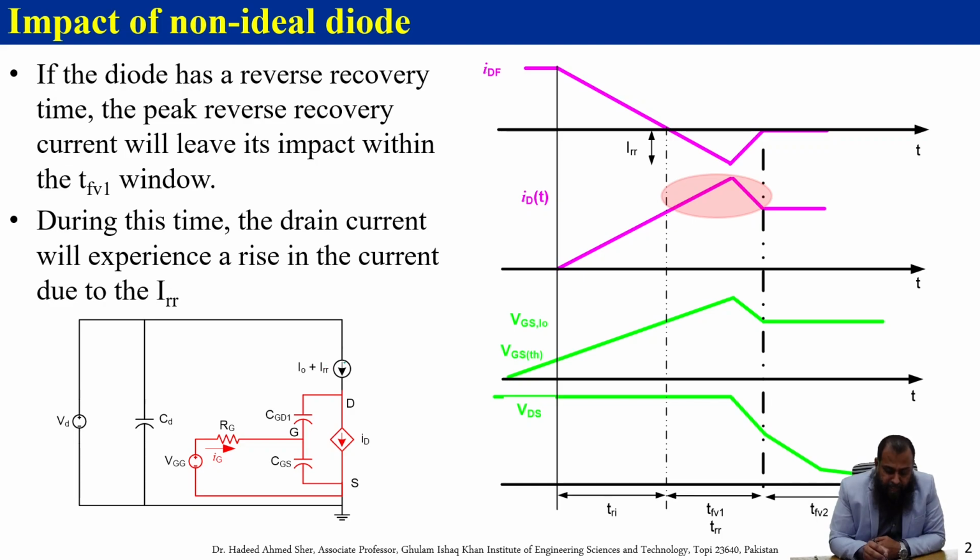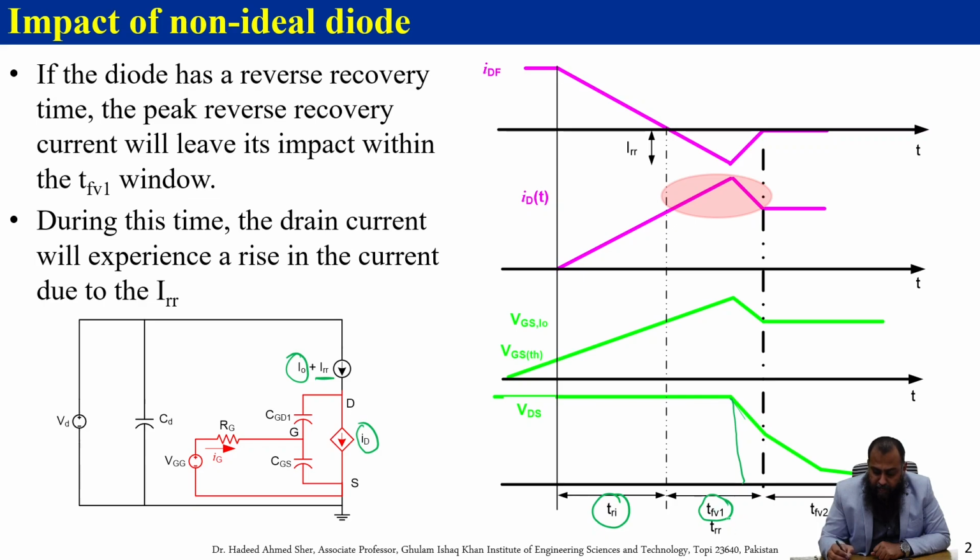And that is, instead of having only this I naught, IRR will also flow through this MOSFET circuit, but that will not be in the ohmic region. Rather, it will happen in those transitioning instants where the MOSFET is operating in the active region. So as you can see here, after the rise time, we have this TFV1 where the voltage starts to fall here.